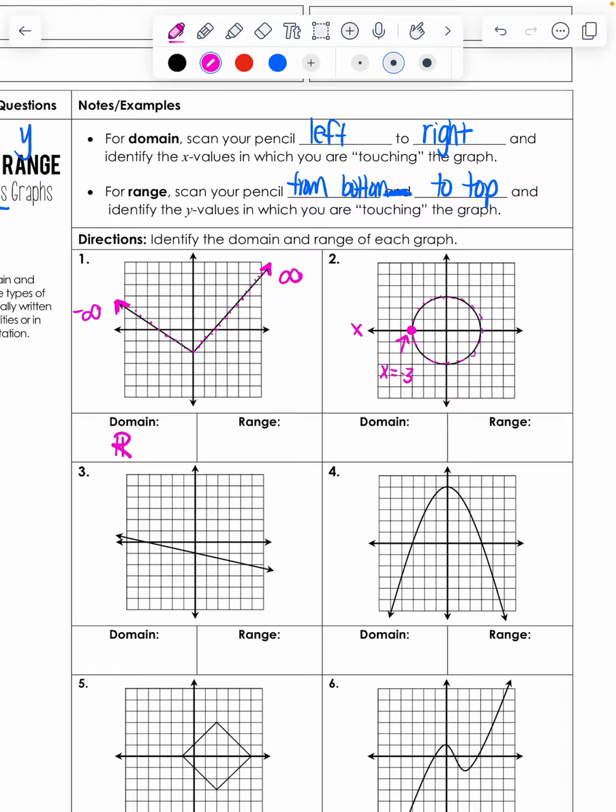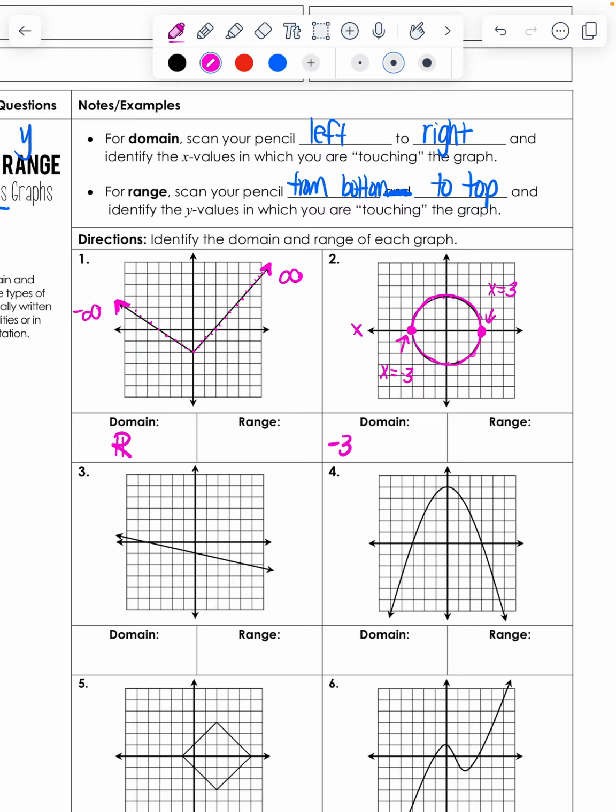And then the line is connecting it around, and the largest X value that we would see occurs over here when X is +3. This one is not going to be all real numbers for the domain. The domain for this one is going to be anything from -3 to +3 for X.